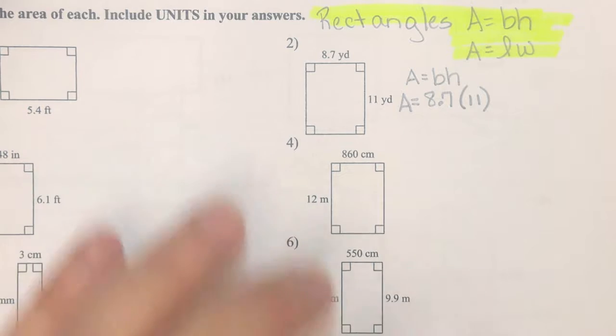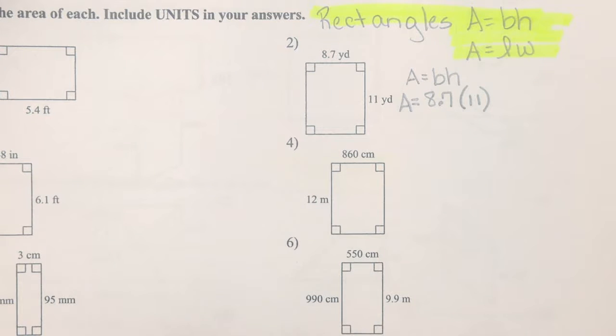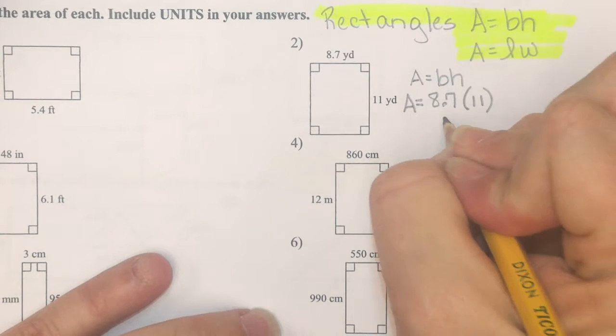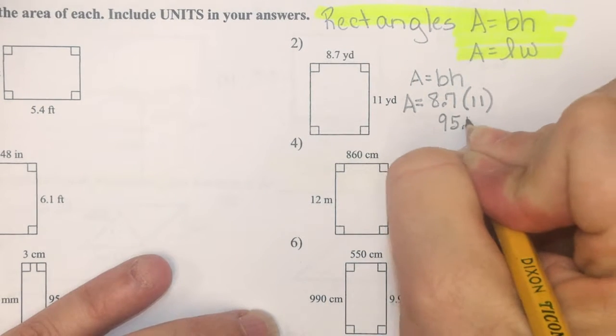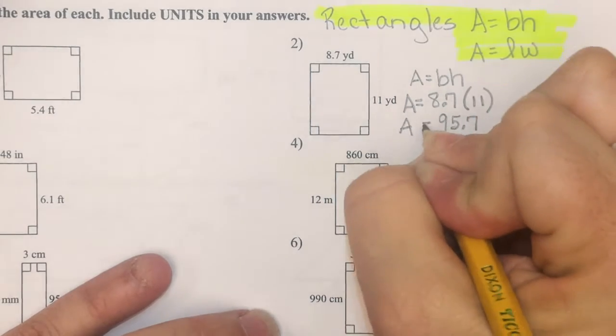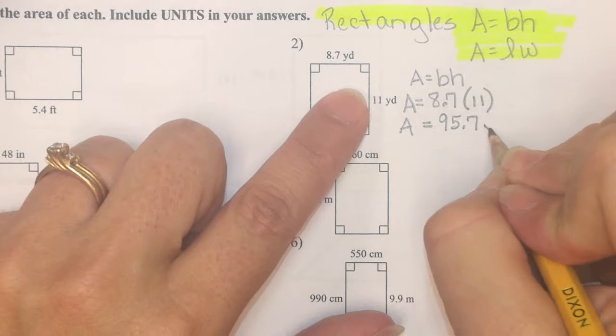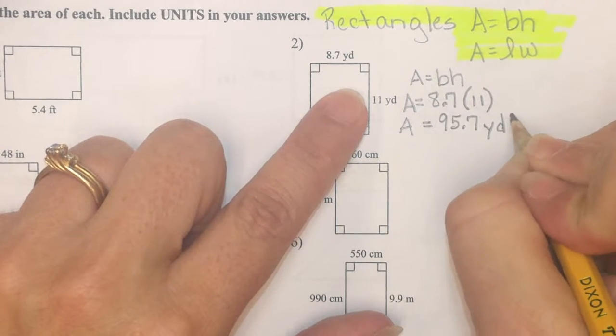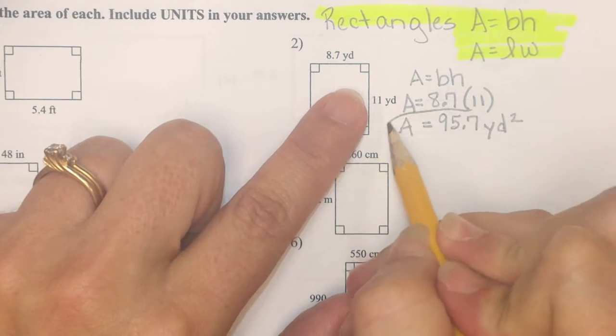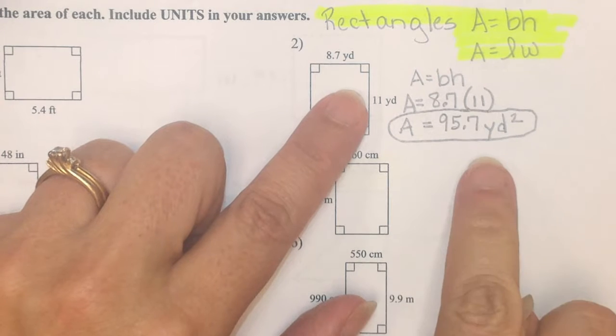And if I multiply that, borrowing someone's calculator, please remember you need a calculator, it is 95.7. Okay, remembering to go back, look at yards or inches or whatever, and it is squared. Area is always squared.